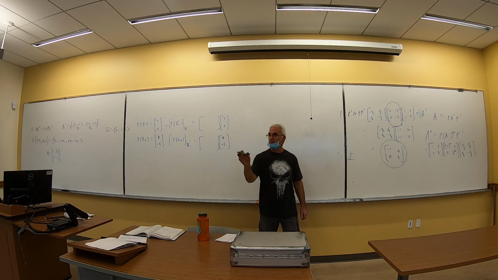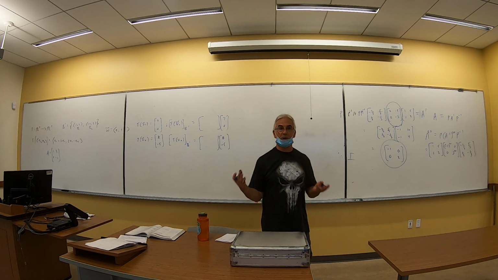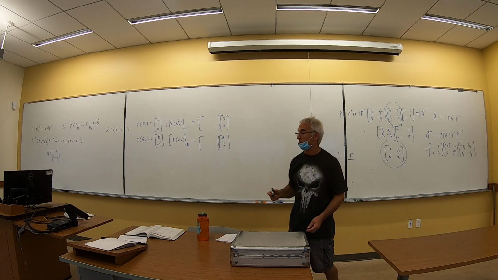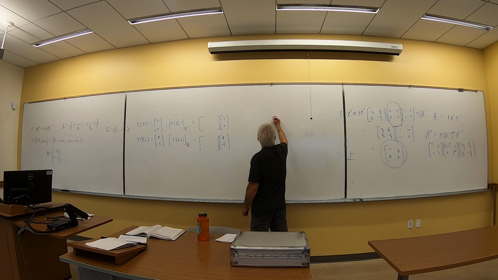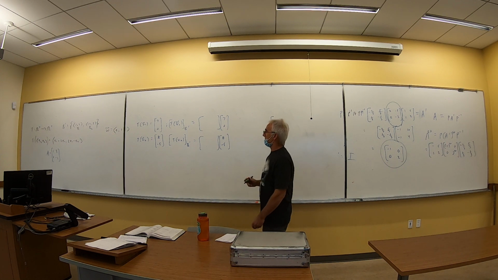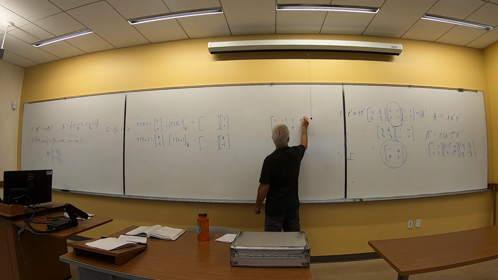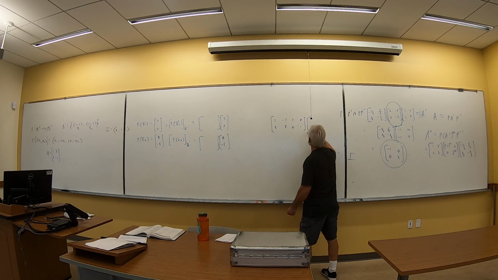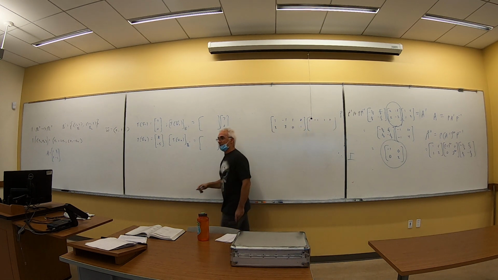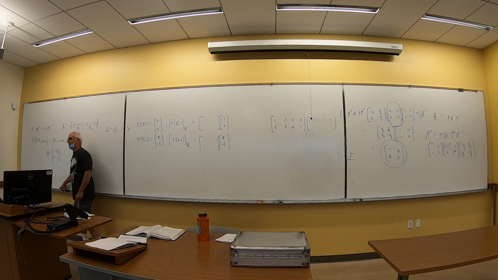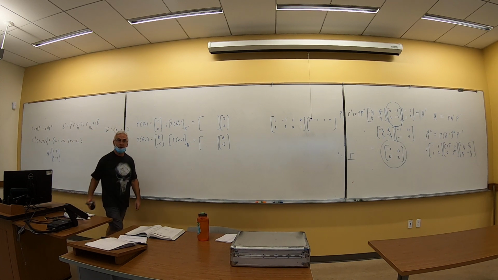So this time I'm not even going to bother solving it algebraically. I'm just going to go straight to P inverse, which means we've got to find P inverse. So I want to find my transition matrix. So 1, 2, negative 1, 3, 1, 0, 0, 1.